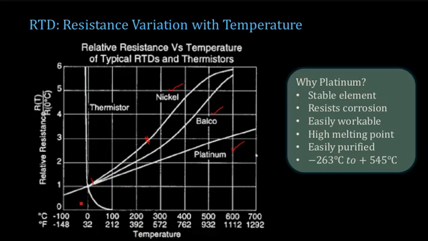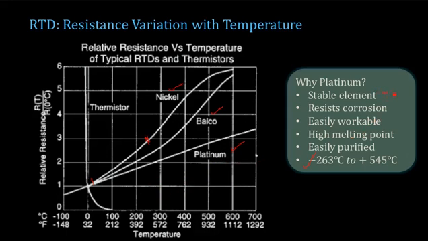But for platinum, the relationship is linear for a large range of temperature, minus 263 degrees up to close to 600 degrees. So it can be used for a larger range of temperatures for measuring different temperatures.